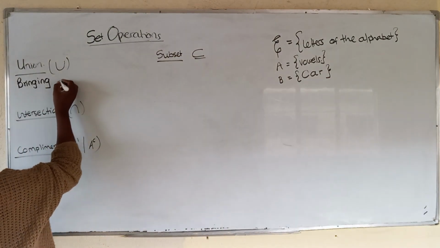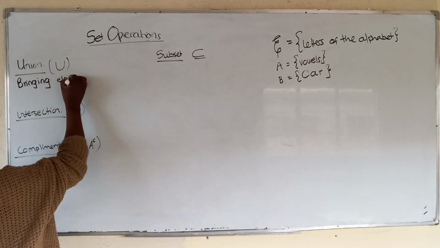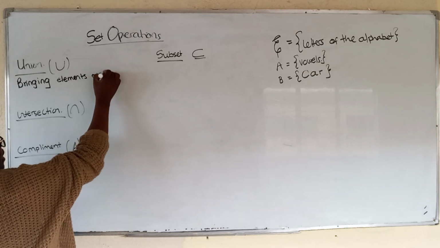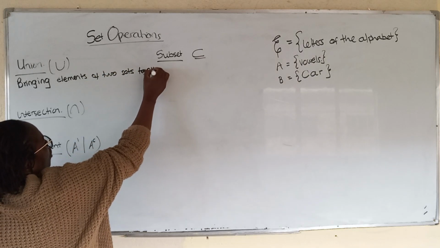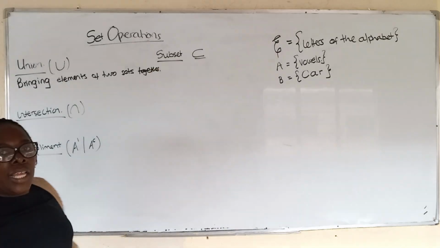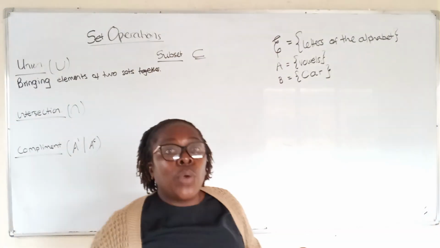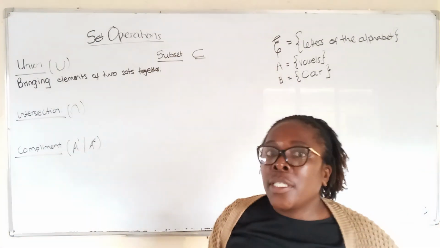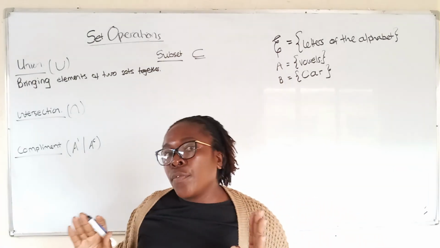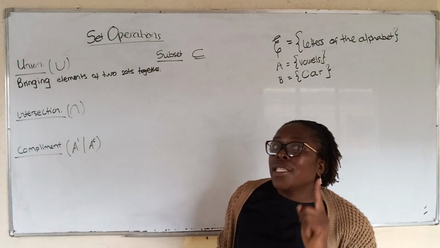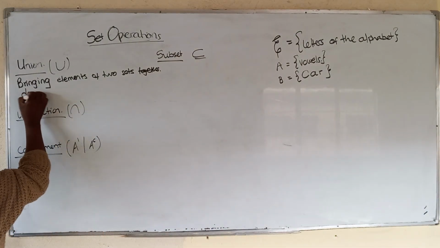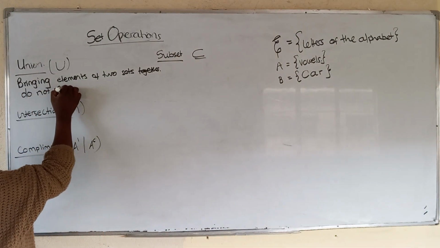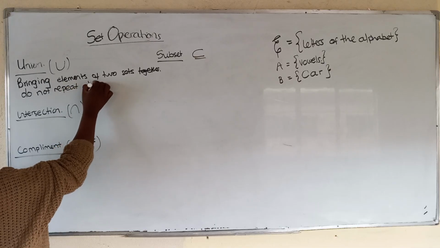So this is basically bringing elements of two sets together. And you need to note that if you're bringing elements of two sets together, when you're listing them, you do not repeat an element. If an element is found in both sets, you only list it once. So I can write it here, do not repeat elements.